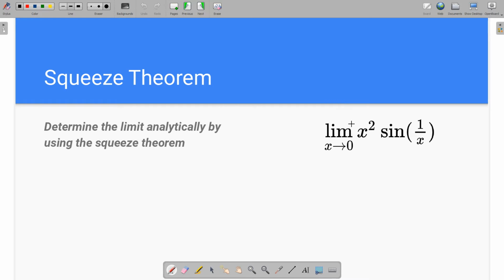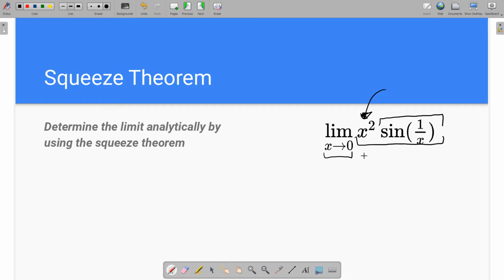So some classic examples when you have to use the squeeze theorem algebraically are when we use sinusoidal functions, because with a sinusoidal function like this, its amplitude is dictated by whatever your coefficient is. So we can use this fact to figure out what's going on as we tend towards zero here. So the limit of this as x tends towards zero.